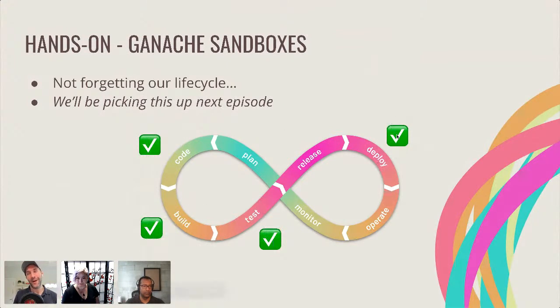Then we did a deployment, but in this case just to different sandboxes. But as we teased within Teams, you can do visual deployments from within there, and by that I mean to test to different networks. As a side note, we're going to be picking this workflow up a bit more thoroughly next episode as well.